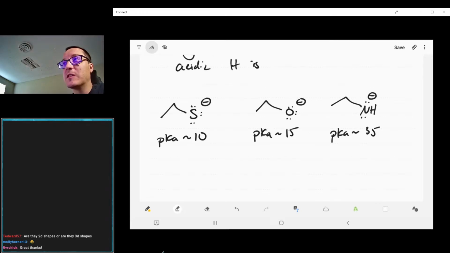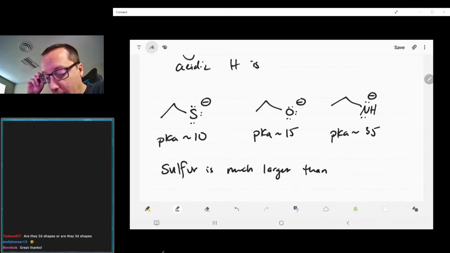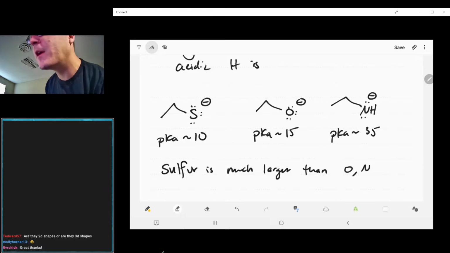The different elements there. We're going to see that sulfur is much larger than oxygen and nitrogen, right? It's got an extra shell. It's in a period below it.